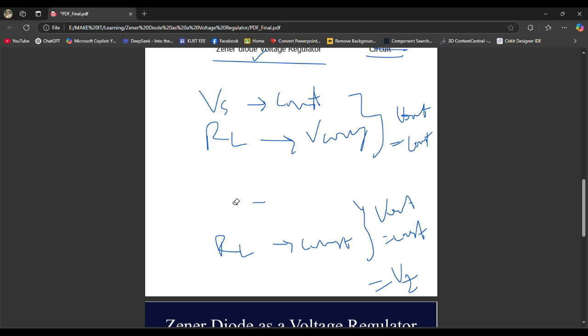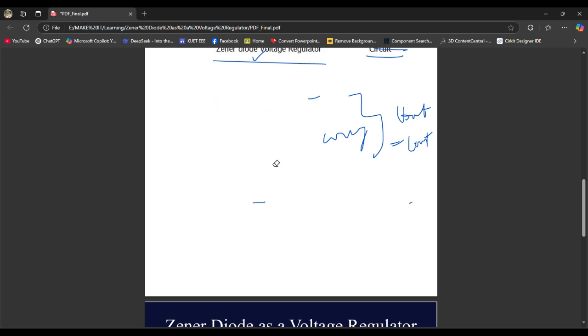So if we move to the first case, we will make Vs constant, and we have to vary the VL or the load resistance.